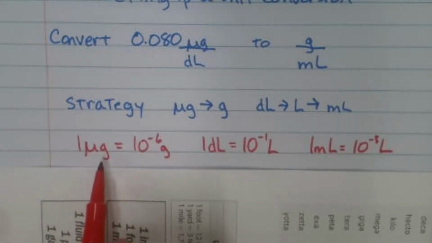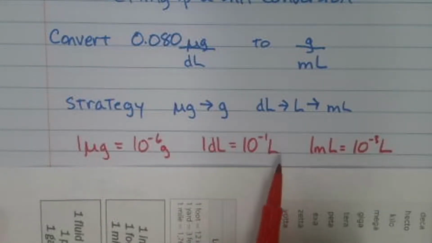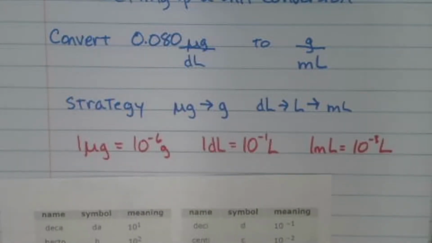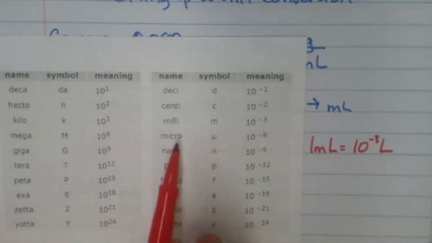To convert from micrograms to grams, 1 microgram is equal to 10 to the negative 6 grams. 1 deciliter is equal to 10 to the negative 1 liters, and then 1 milliliter is equal to 10 to the negative third liters. Now remember, when we look at our chart, if we're going to find micro, for example, here's micro.